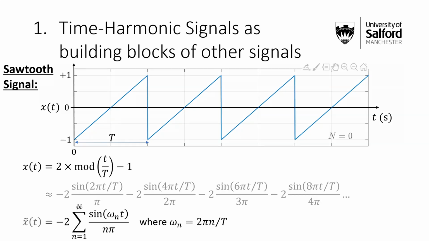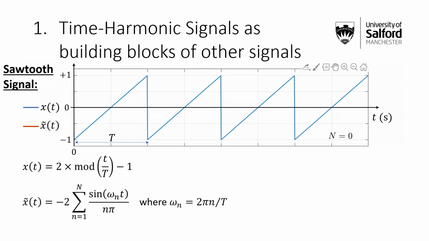So what we're going to do is see how that works by comparing the original signal to a version where we change the value of n. So we truncate that series to different points, so we only include a certain number of terms, and we see how accurate it is. That's x with a little tilde on top. That's going to appear in red in a minute, and you'll see that summation operator.